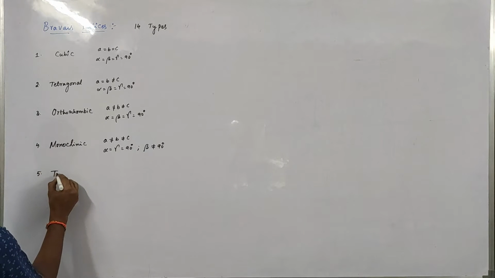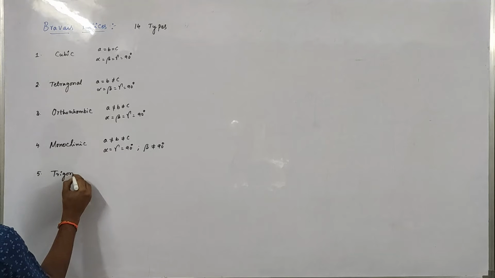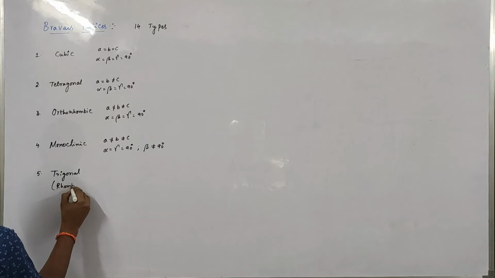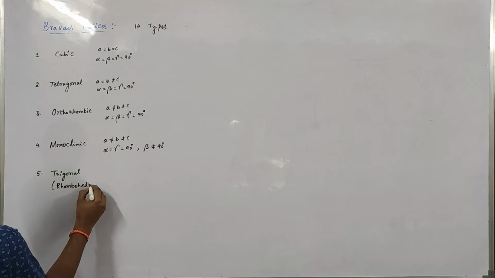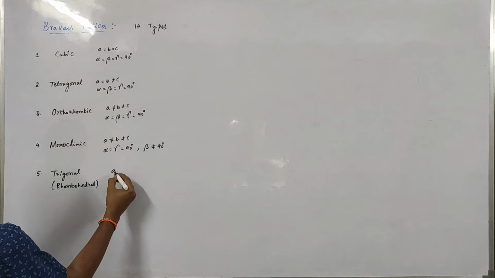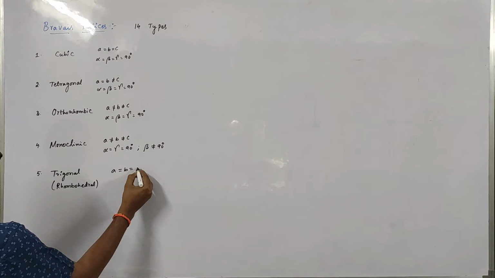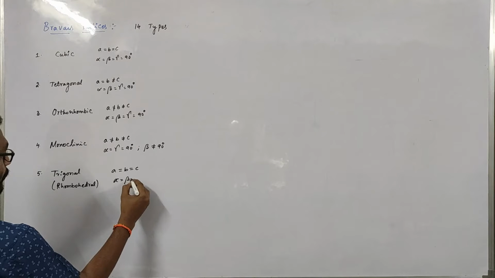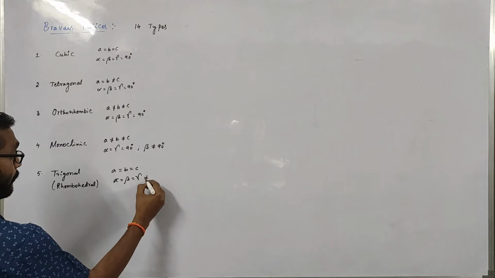Trigonal, or rhombohedral: A equals B equals C, alpha equals beta equals gamma not equal to 90 degrees.